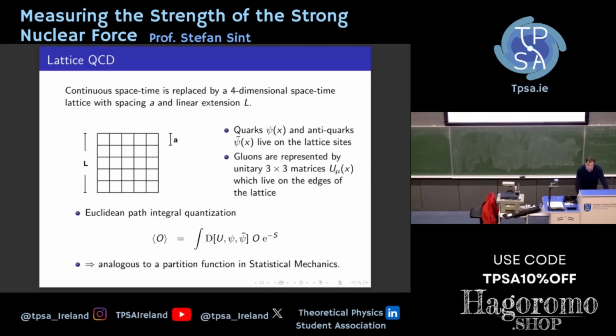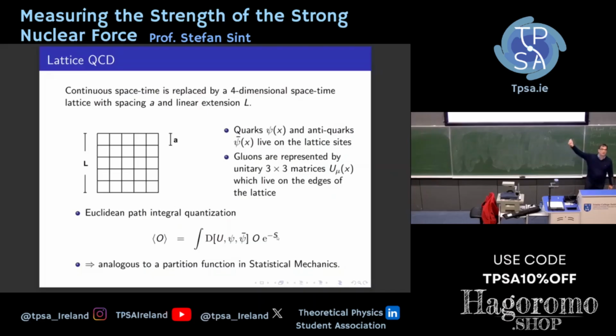So here you have a unitary matrix on each of the links, and you have quark and anti-quark fields on each of the sites. And then, like in statistical mechanics, you compute expectation values. You integrate over all possible configurations of gluon, quark and anti-quark fields. And we do that in Euclidean space, where you have e to the minus the action.